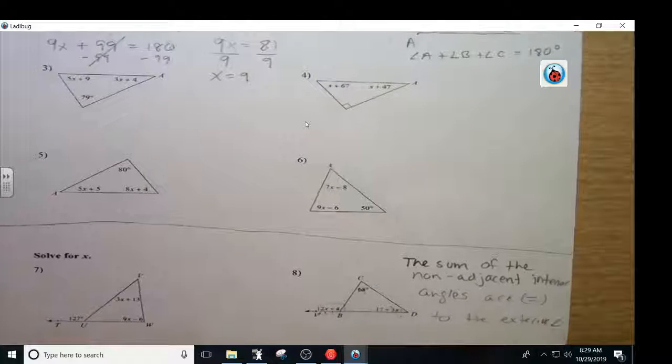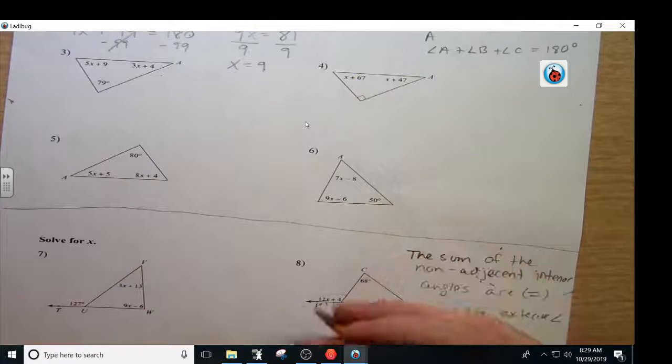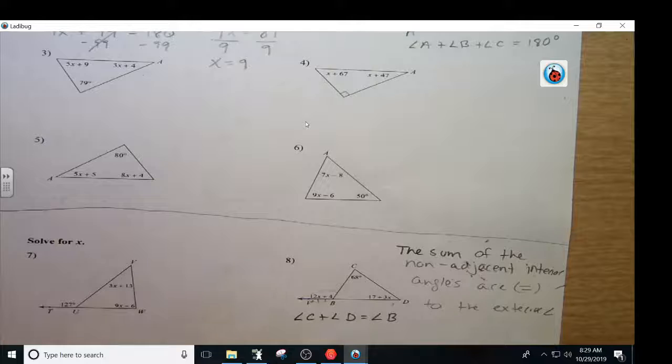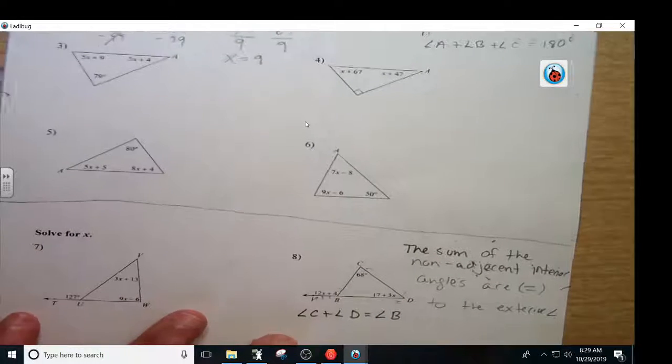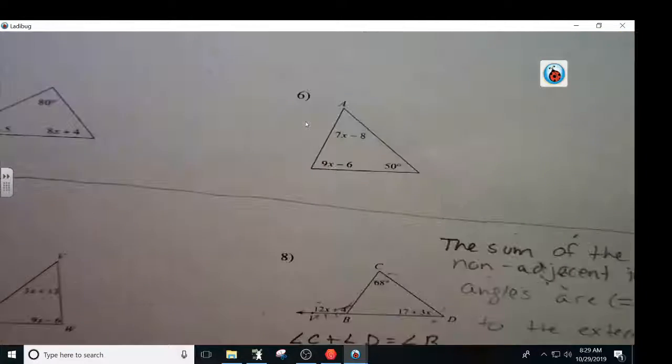So what that will be is angle C plus angle D equals angle B. Two interior angles, the sum of those two is equal to the measurement of angle B. Now, pretty simple math.